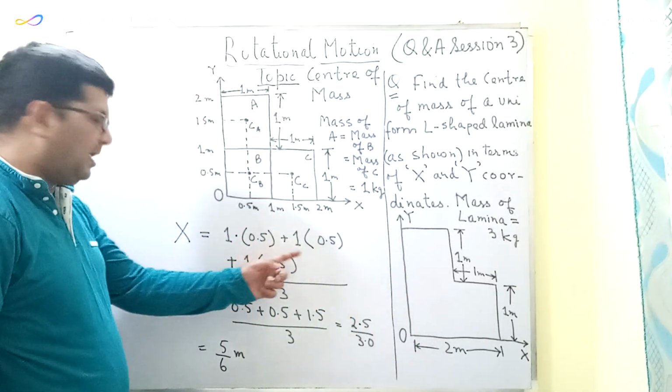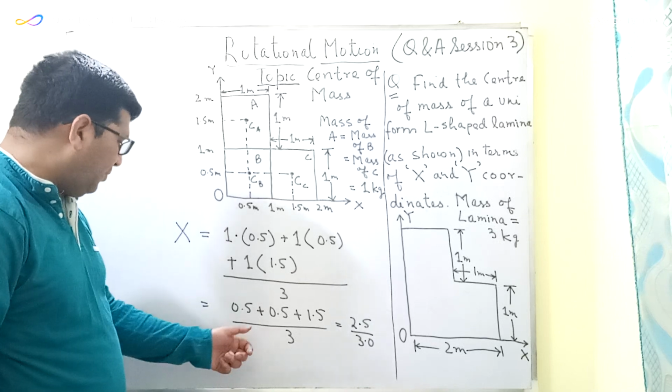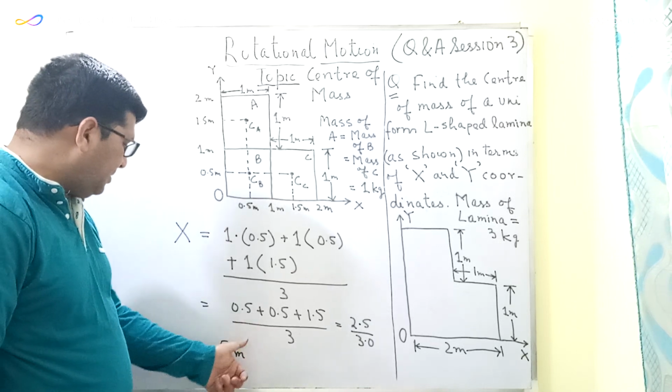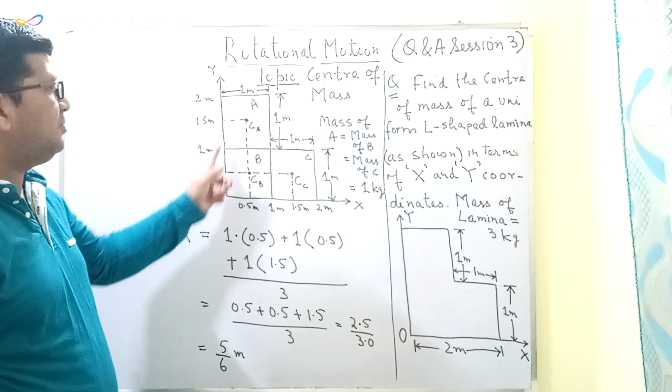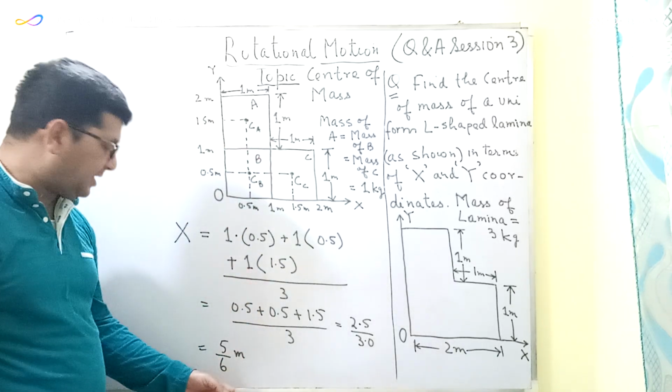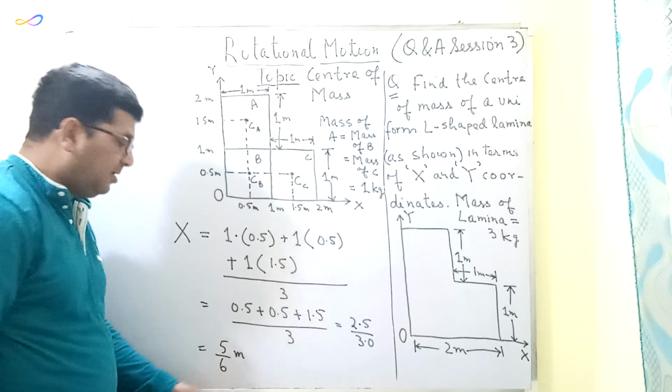So all the dimensions are in meter. Therefore, the center of mass of this uniformly shaped lamina along the x-axis will be equal to 5 by 6 meter.